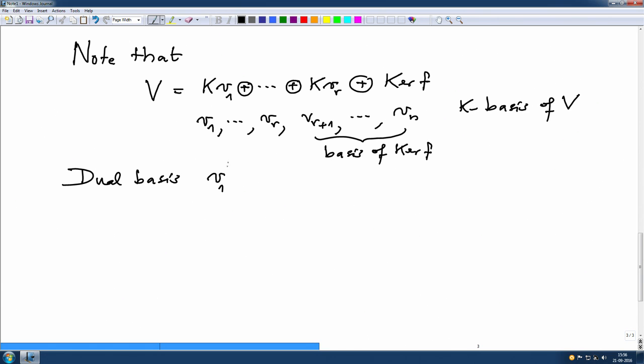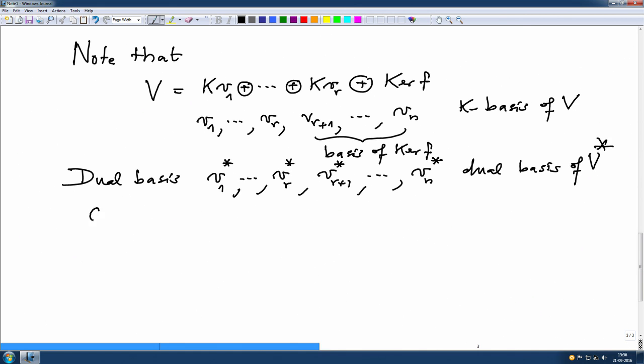That is V1 star, etc., VR star, VR plus 1 star, etc., Vn star, the dual basis of V star corresponding to the basis V1 to Vn. And we have seen that this is a basis of V star.